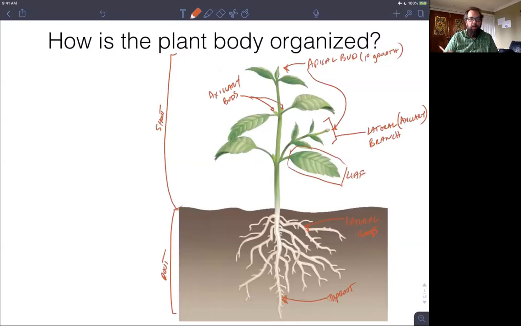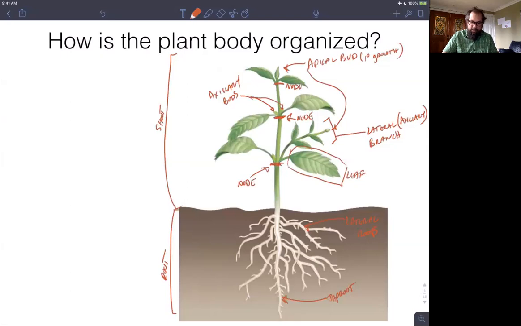When we talk about different parts of the plant, we often will talk about the nodes. The point of attachment of a leaf or other parts of the plant is called a node. So here's one node, here's another node, here's a third node.